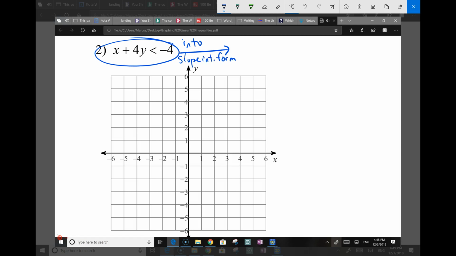The way to do that is simply move the x to the other side. So I'll show you that work over here. We're going to move the x term to the other side, using our equation solving skills.